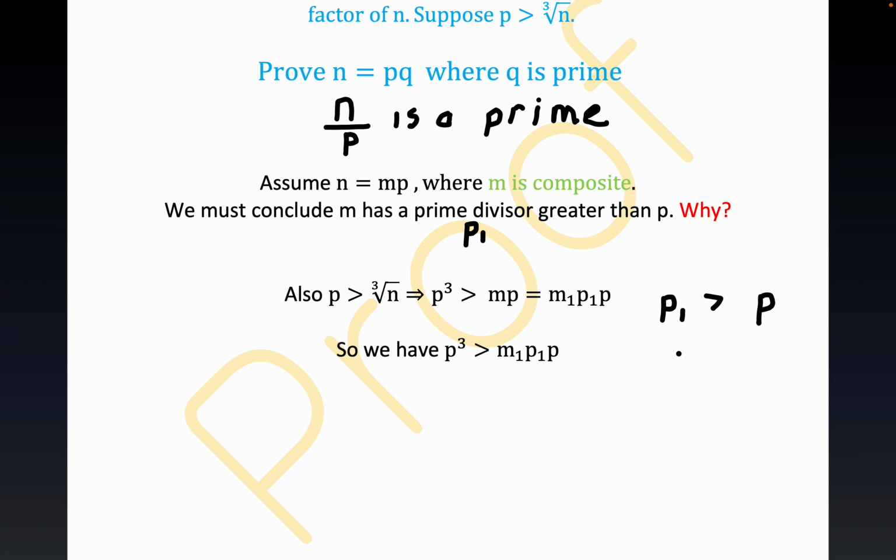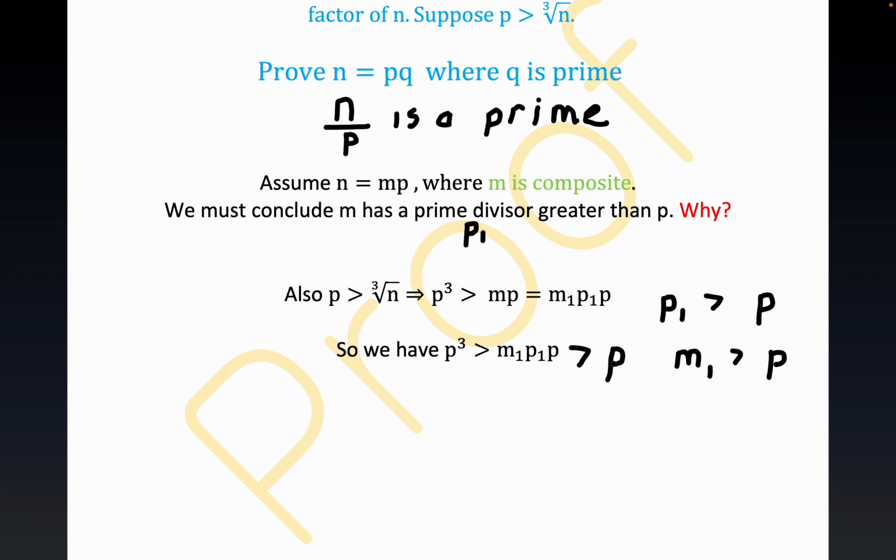Okay, so let me write that right here. M sub 1 is greater than p. All right, but what does that mean? That means that this is greater than p, this is greater than p, so this has to be greater than p cubed.